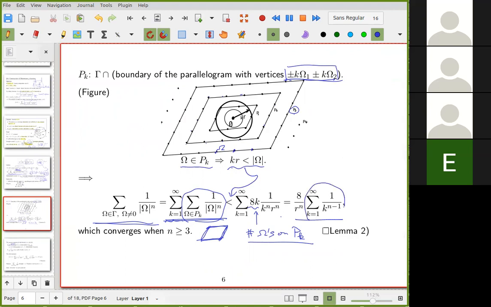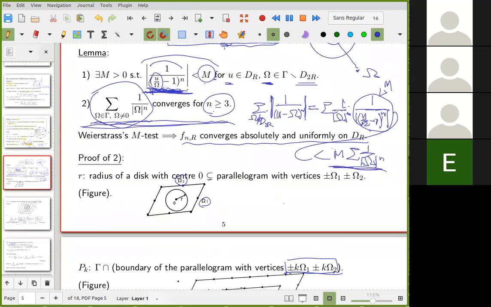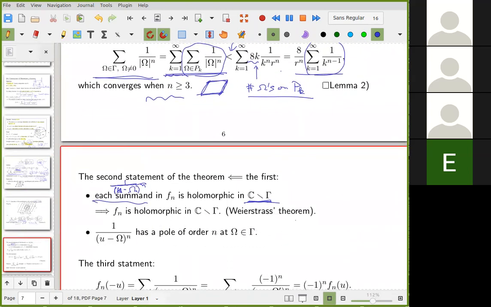And such a series converges when n is greater than 3. Namely, this exponent is not less than 2, then it converges. So that's the proof of the convergence and holomorphicity of this function Fn.